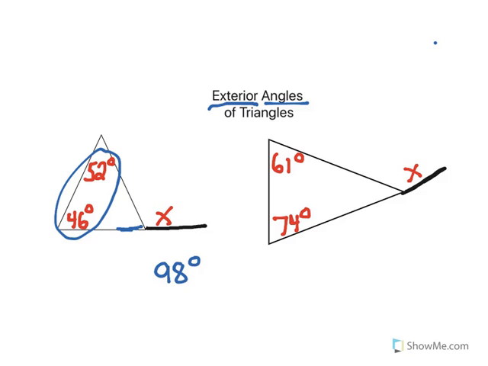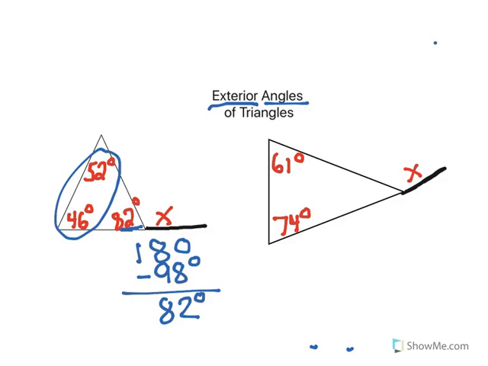And since I knew that there's 180 in a triangle, I would subtract them. So I would do 180 minus 98, and I would get 82. And so we would see that this angle was 82 degrees. So I could write this in here. This would be 82 degrees.